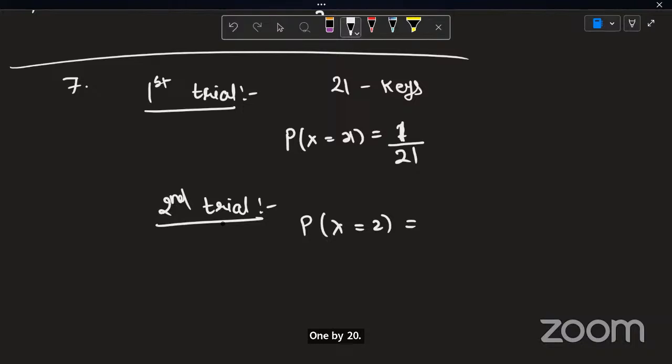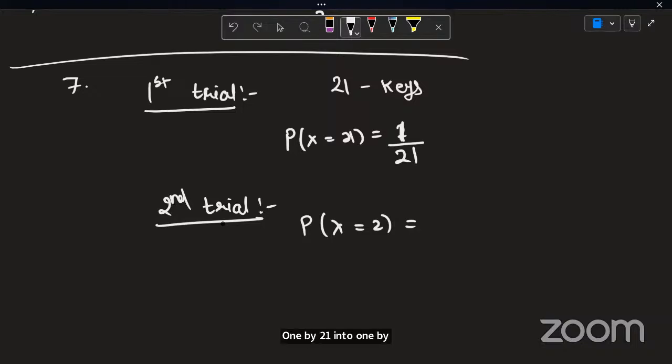Yes, ma'am, because we are not using the same key again. When it opens in the second trial, that means the first trial was a failure, so we have to consider that thing also. So 1 by 21 into 1 by 20.